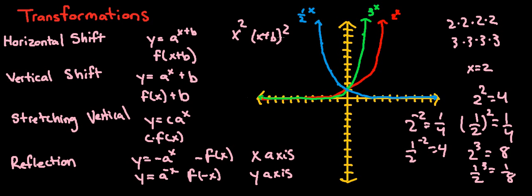This is also a horizontal shift. So I won't spend too much time on these graphs. The only thing one really needs to get accustomed to is just the fact that the base is the determining factor of what the graph looks like.